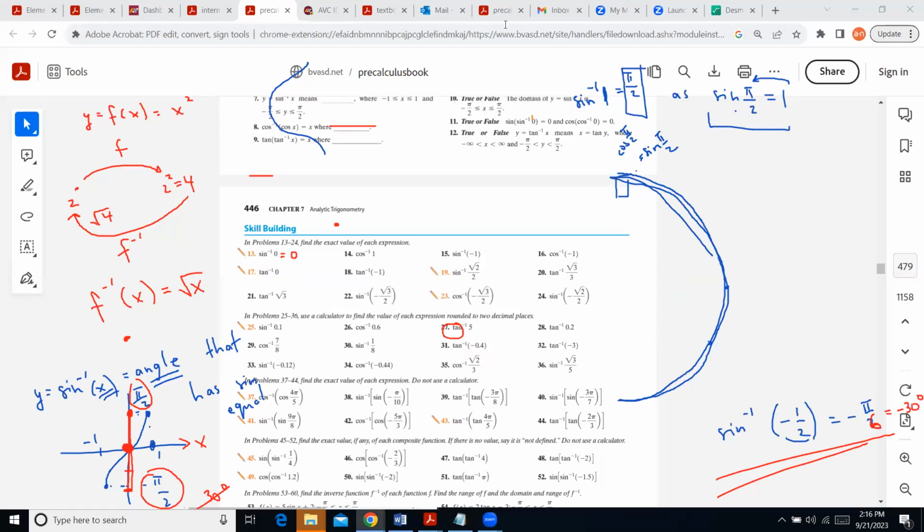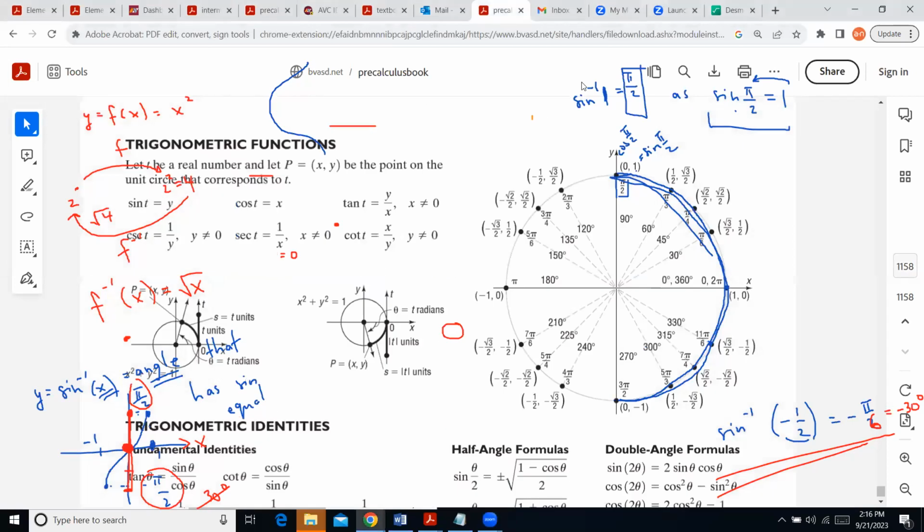So I go back to this half circle. And again, I recall that if we're looking for the inverse sine, it's an angle, right? It's going to be such an angle that has sine equal to whatever number in here.